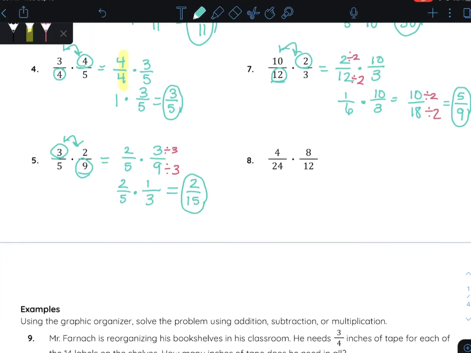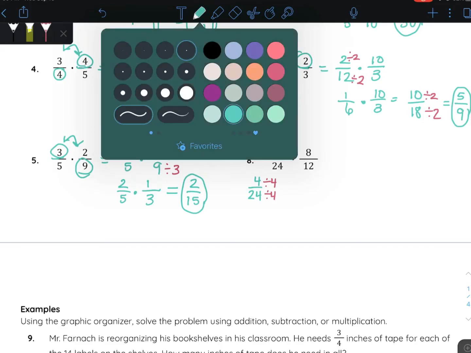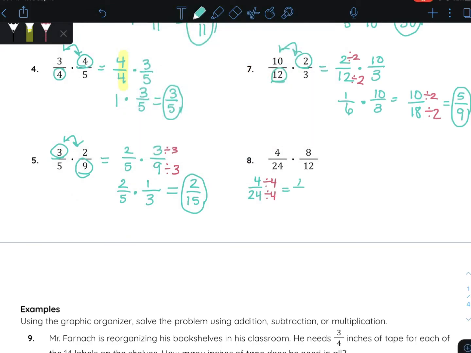So with the 4 over 24, that could become actually divided by 4. So that could become 1/6.